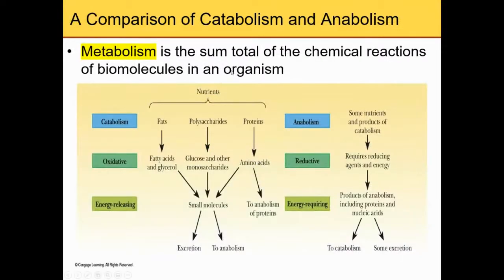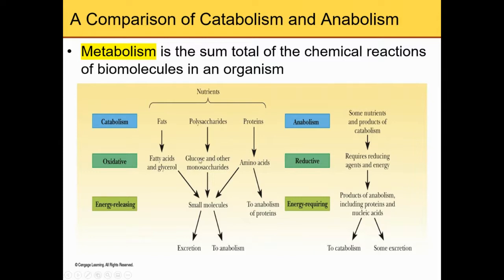So and then metabolism is the sum total of the chemical reaction of biomolecule in an organism, and from here, it doesn't matter whether it's a fat, polysaccharide, protein, right? And then they have to perform the oxidation, the catabolism, all right? So they break down this into the smaller molecule, polysaccharide to the glucose, another monosaccharide, and fat, you have fatty acid and glycerol. Protein is amino acid.